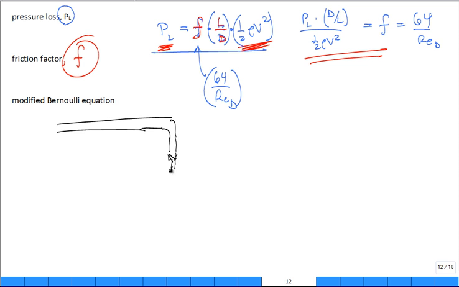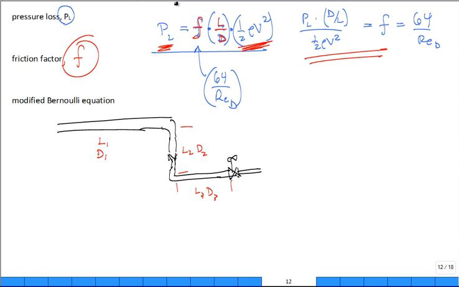Maybe put a turn here, and then we'll come over and we'll put a valve in or something like that. Okay? For each of these straight runs right here, this is, let's say, run 1 with length 1, diameter 1. This run right here goes length 2, diameter 2. This one, length 3, diameter 3.